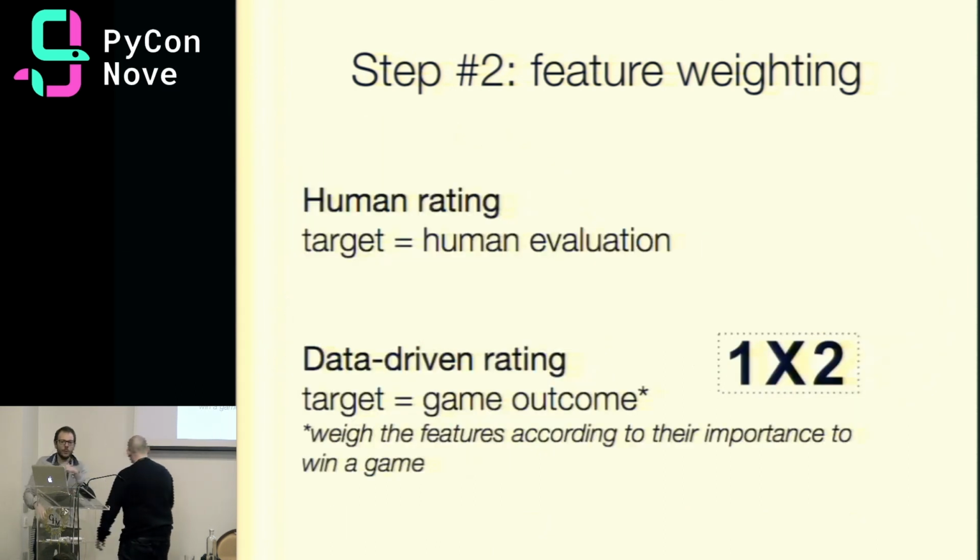The solution we propose relies on the outcome of the game. The outcome of the game is the target variable in this case, to build a machine learning process that can give us a set of weights based this time on the outcome of the game and not on the human ratings.